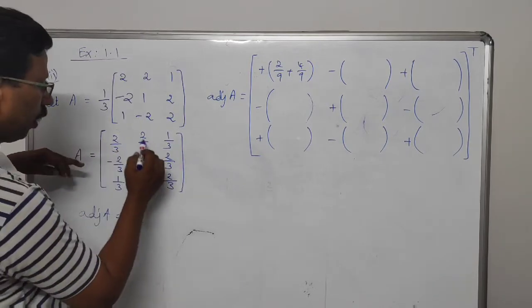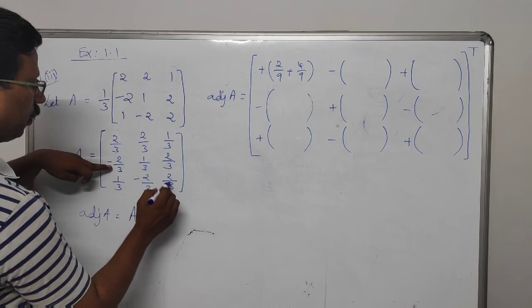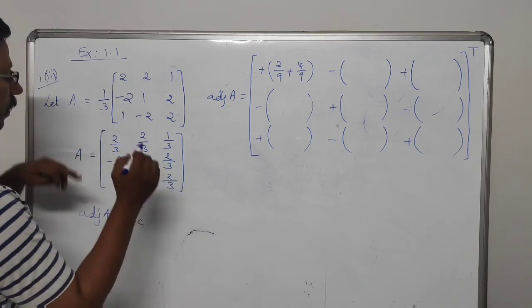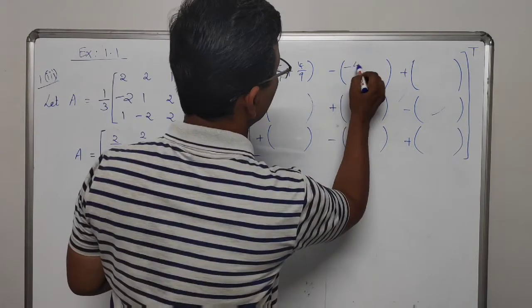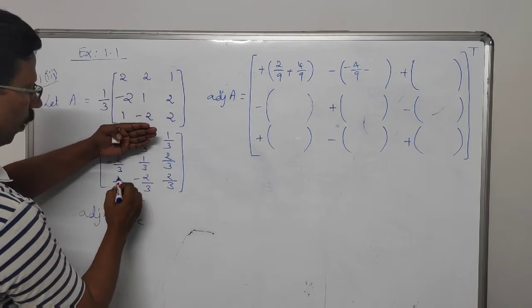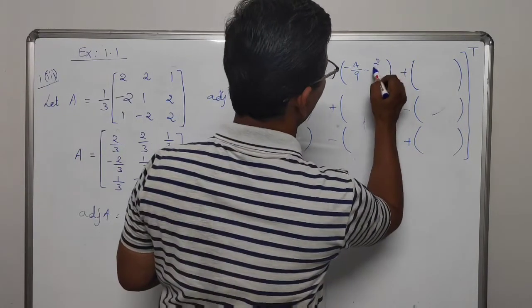You have to leave this row and this column. Therefore, you can write minus 2 by 3 into 2 by 3 minus 4 by 9. This will be minus 4 by 9. Then minus part of this one: 1 by 3 into 2 by 3 means 2 by 9. And write 2 by 9.